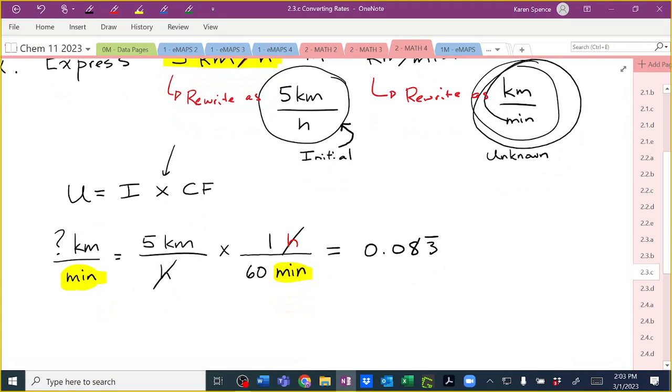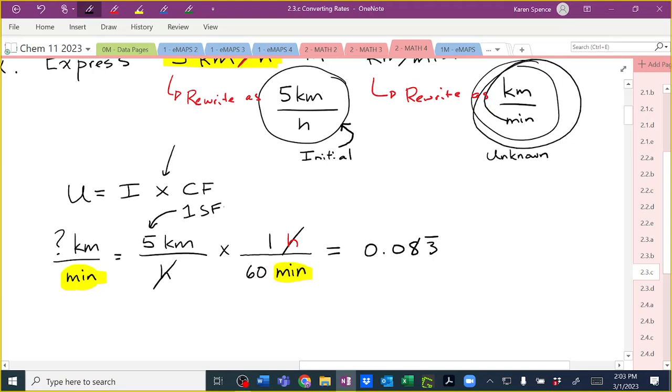Now, if I'm doing sig figs, 5 kilometers per hour, is that an exact number or an inexact number? Kilometers per hour, think about that. It's a speed. Can you have an exact speed? No, so this is going to have 1 sig fig.